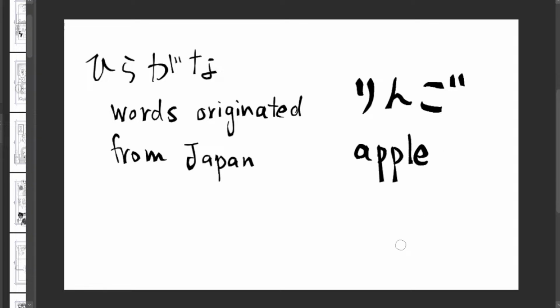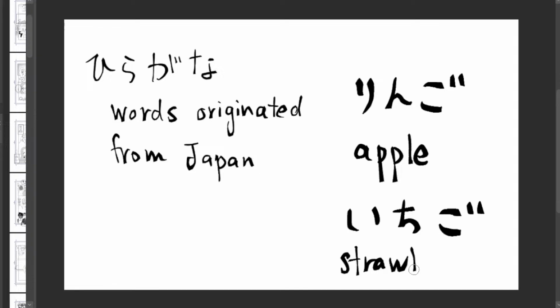Okay, what else? They have strawberries in Japan, and they call it ichigo. Strawberry.